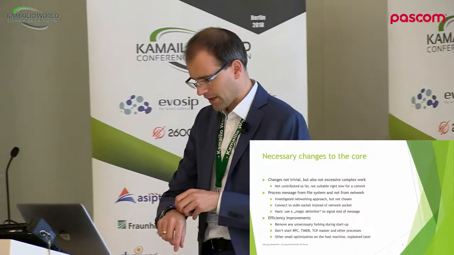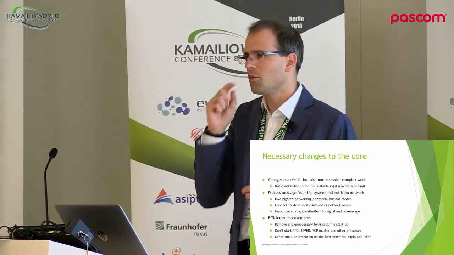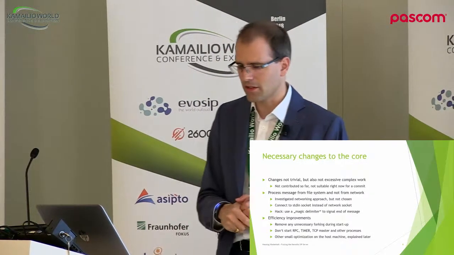In the end, what I wanted to test was the core and the major modules. And then you can also do some other small optimizations on the host machine. I will explain that later. AFL also has some optimizations for forking and starting all the programs. So it has some kind of fork server structure. So it's rather efficient, more efficient than doing it by yourself, I would say.